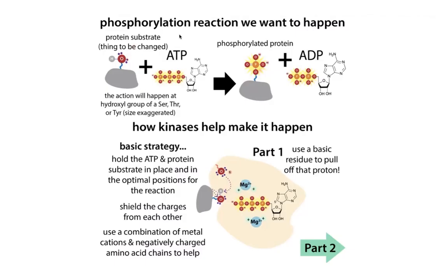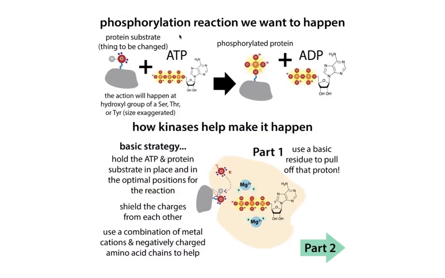What we're going to see is that in the active site of that enzyme, we're going to have a hydroxylate, this negatively charged oxygen that's going to be able to act as a general base, abstract a proton from our serine or threonine or tyrosine, from our protein substrate, in order to make that a stronger nucleophile. And now the stronger nucleophile can go and attack that electrophilic phosphorus in our ATP.